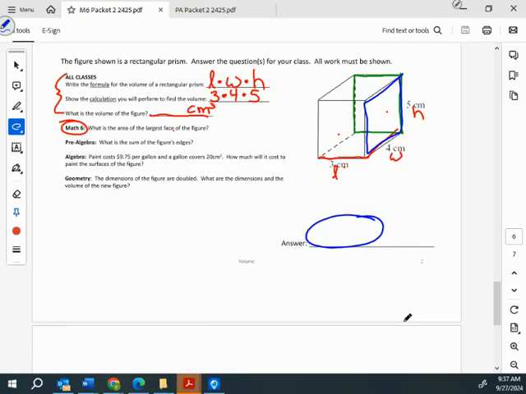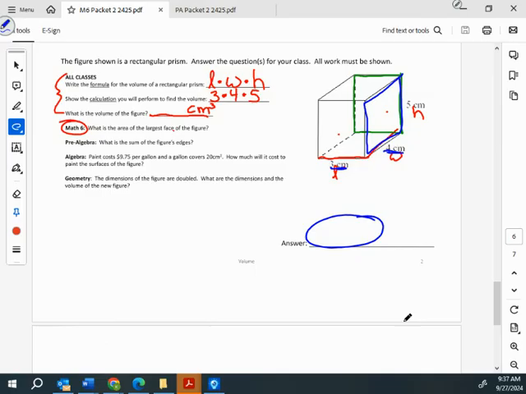You're going to have to show me your work. So don't just say, I'm going to multiply 3 times 4, and I'm going to multiply 4 times 5, and then I'm going to multiply 5 times 3. You have to show it. The 3 different sides, write them out. I'm multiplying 3 times 4 for that bottom.